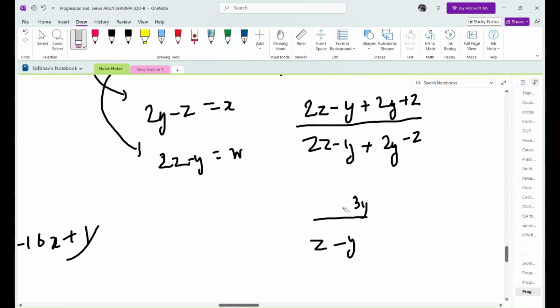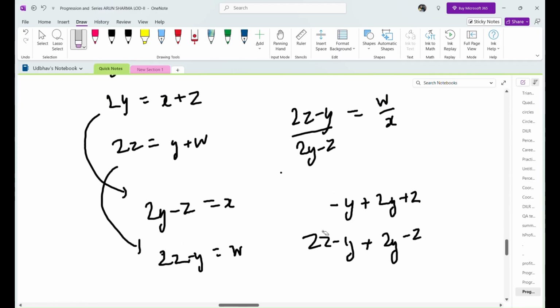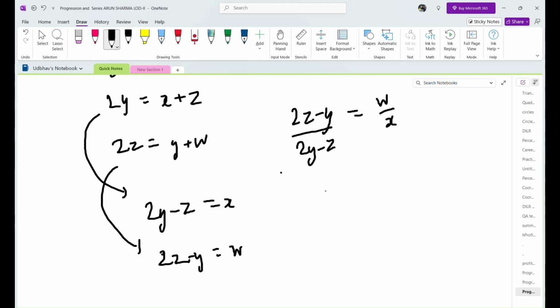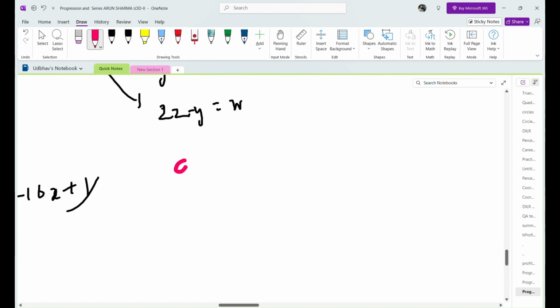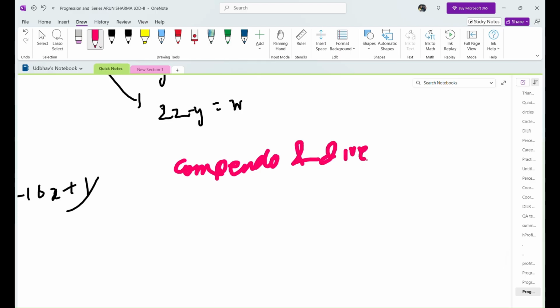Okay, we can use the property of componendo and dividendo here. Componendo and dividendo is like if we have two fractions, let's say a upon b, it is a theorem.